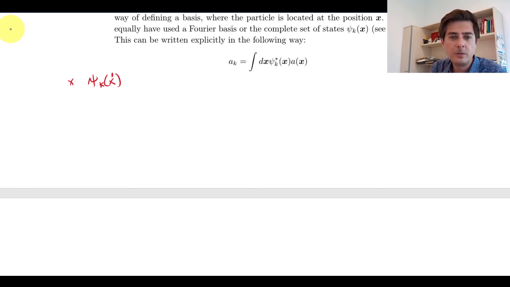So we multiply this one, and then we sum over this variable k, and we can choose that k to be the same as that k.